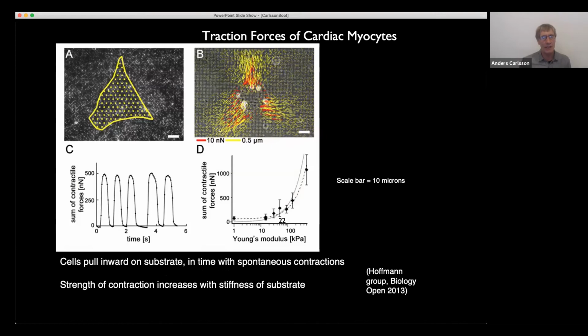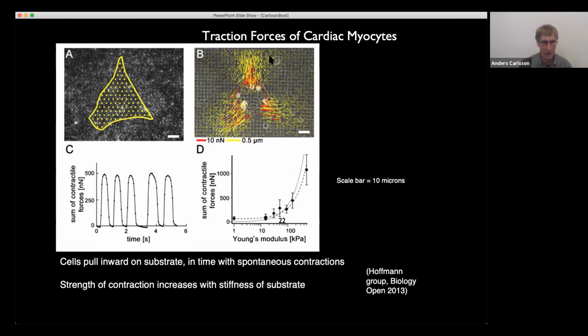Okay, so here is an experiment where cardiac myocytes were put on a substrate. And this is the cell here. And here these observation points are 5 microns apart. And so they put the cell down, and then there are all these fluorescent dots that you're seeing in the matrix. And they measure the motions of those dots.